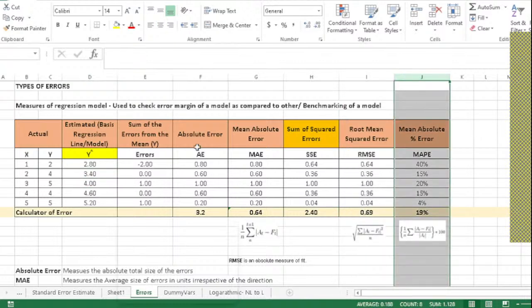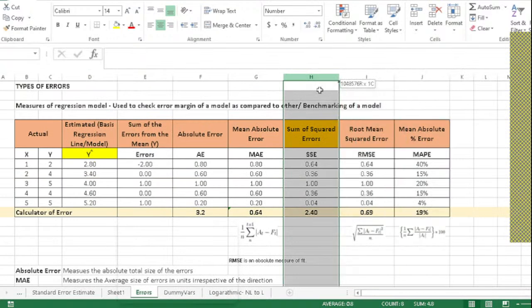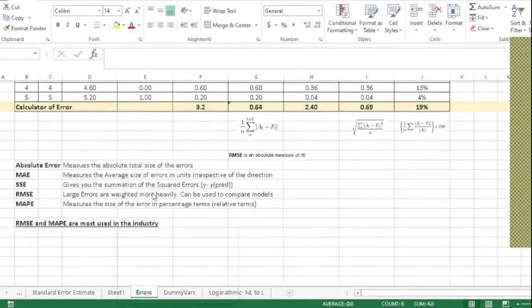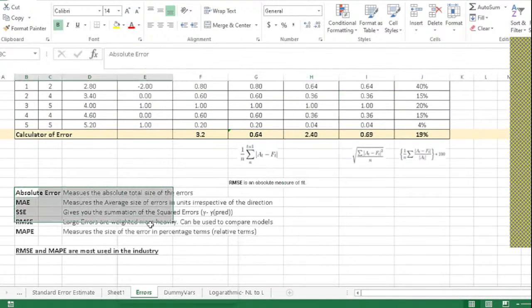Clear the different types of error we can have, but we are going to concentrate more on these two, and then I'll also introduce another coefficient of correlation, which also helps us in understanding the strength of the regression model, right? So these are just the definitions I've given.